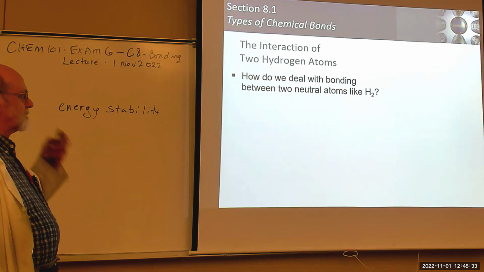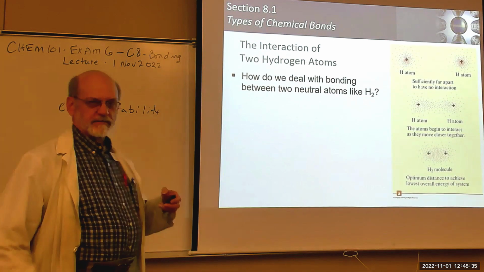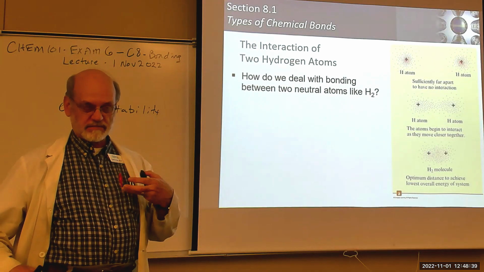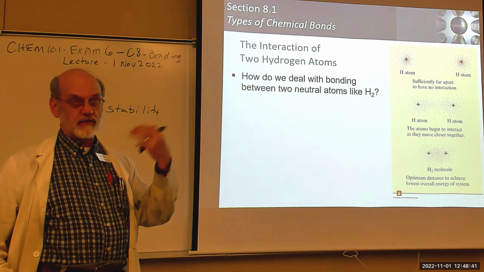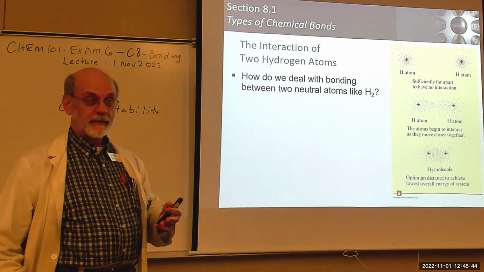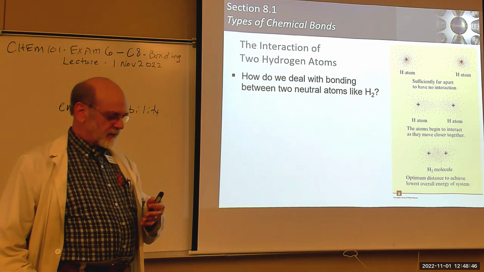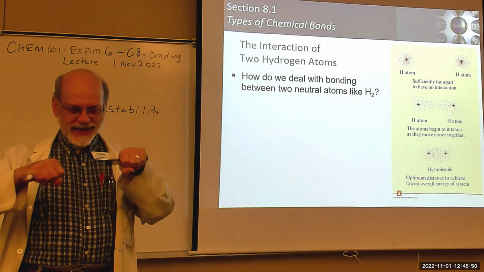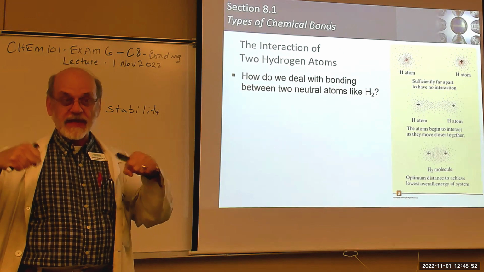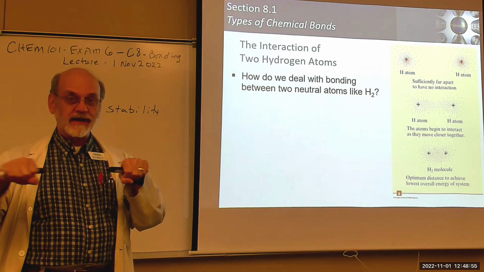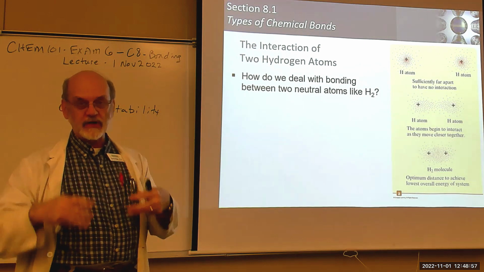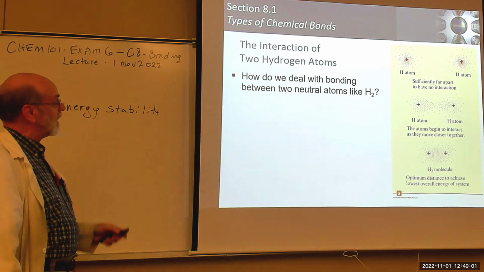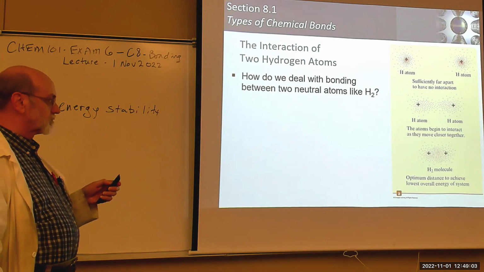So let's look at hydrogen. Hydrogen is dihydrogen. The way hydrogen exists at 1 atmospheric pressure and room temperature is like the other diatomics. Since they're two of the same atoms of the same element, you're not going to get an electrostatic attraction. This has to be covalent, so we can't use electrostatics to explain the bond between two hydrogen atoms.